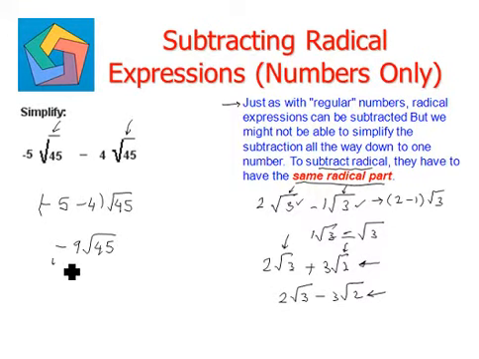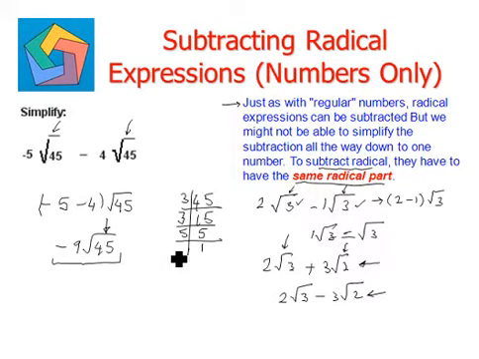This answer can be further simplified because we can further break down the number inside the radical. Let's see, 45 can be factored to 3, 15, 3, 5, 5 times 1.